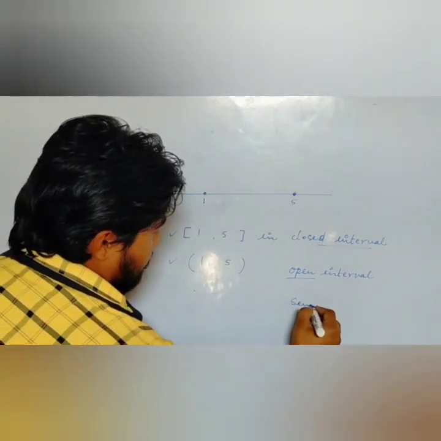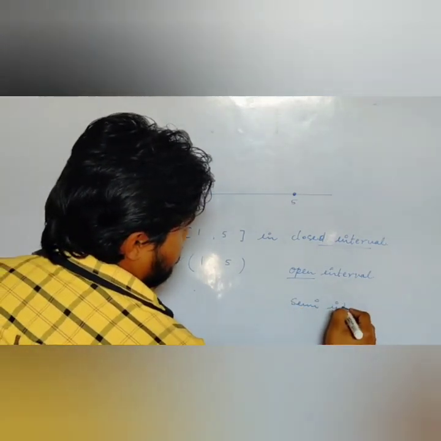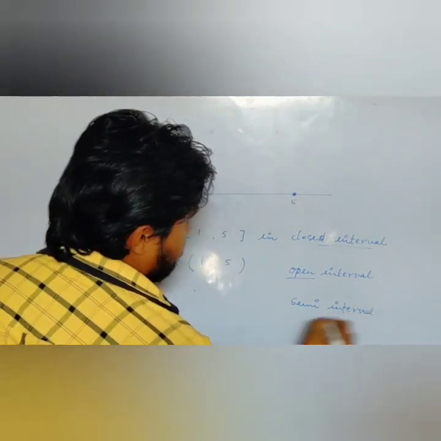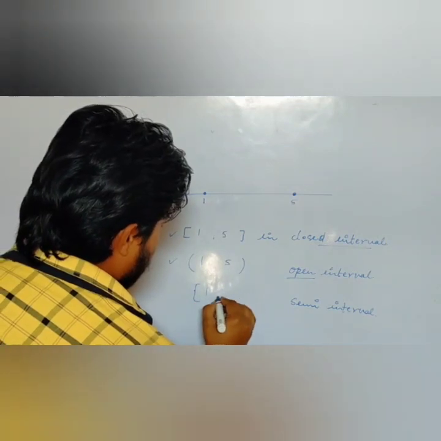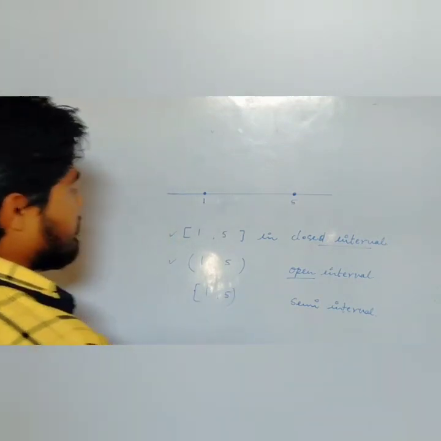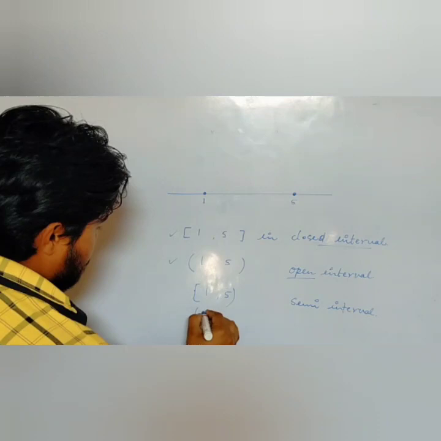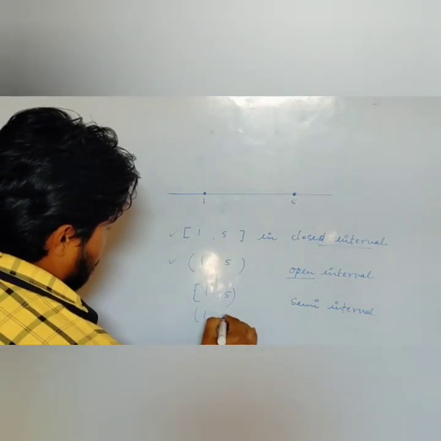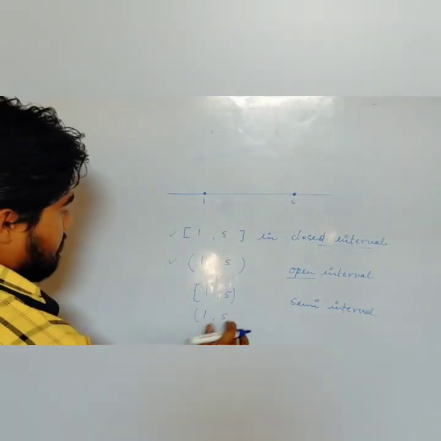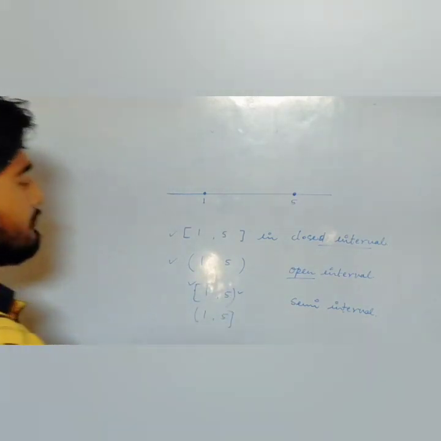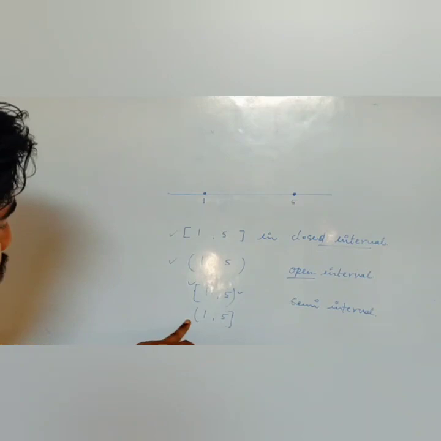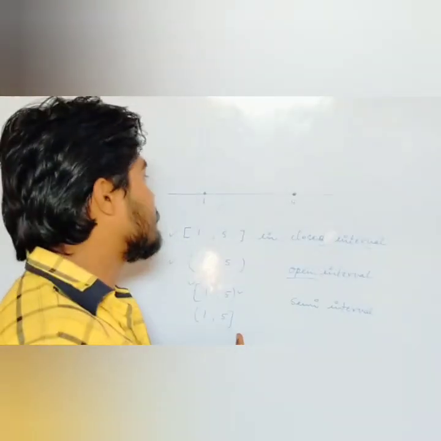And semi interval. Just like that, this 1 and 5 is a semi interval, and this 1 and 5 is a semi interval. So one is closed and one is open, and one is open and one is closed.